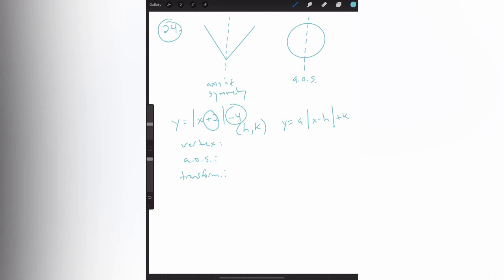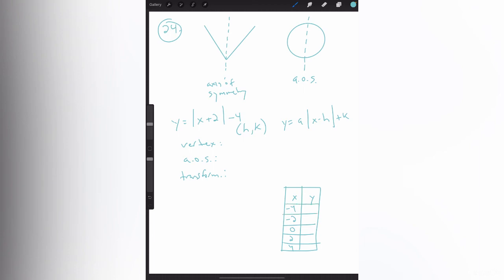In this case, I'll go ahead and plot it just to show you, if I were to pick some points here. I'll say -4, -2, 0, 2, and 4, just picking random points.